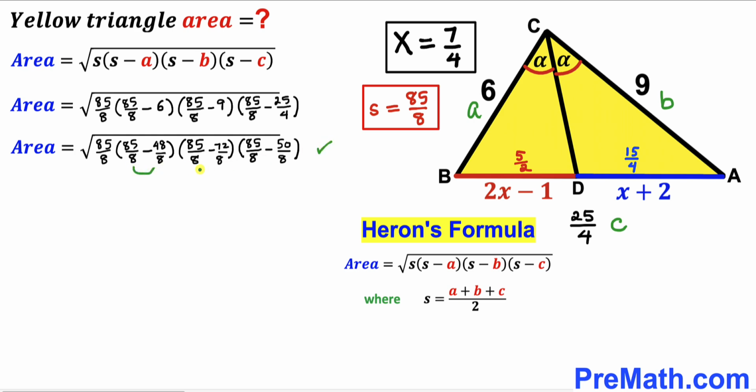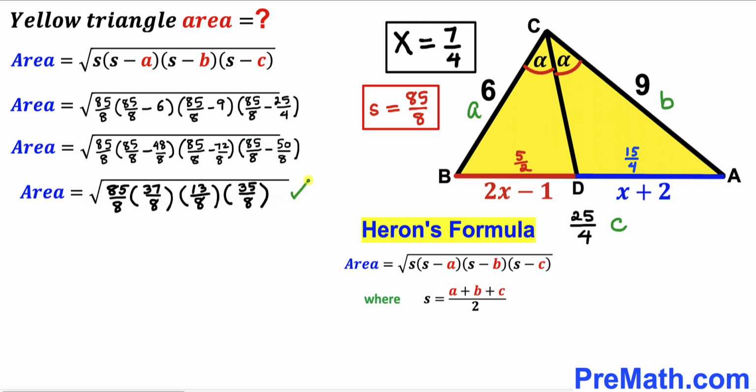This way we got the common denominator as 8. Now let's focus on these fractions. In this first parentheses, if we subtract, that is going to give us 37 divided by 8. In this second parentheses, if we subtract these fractions, that is going to give us 13 divided by 8. And finally for this third parentheses, if we subtract, that is going to give us 35 divided by 8, as you can see in this next step.